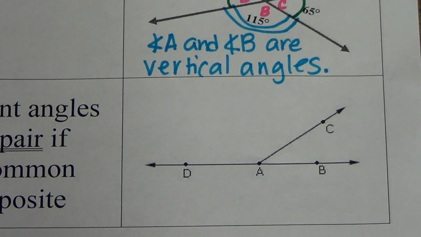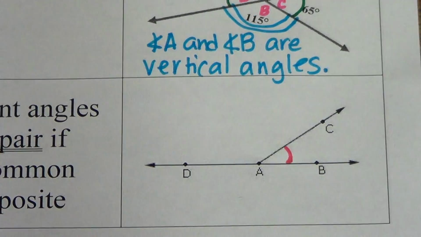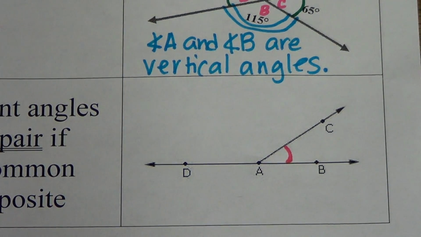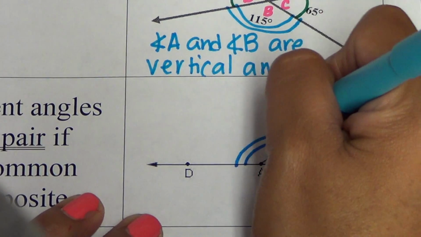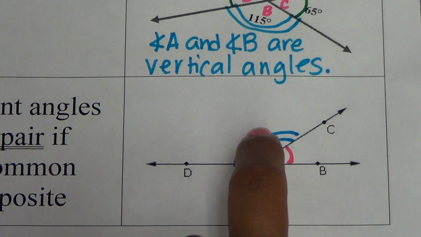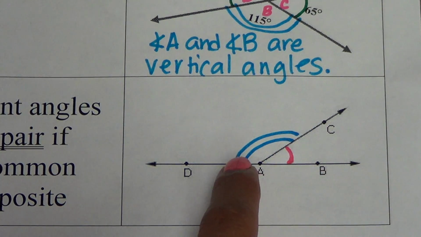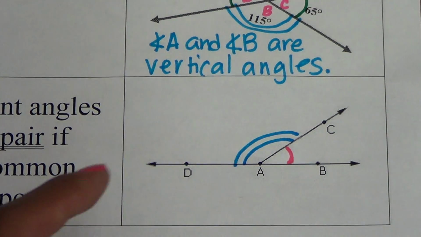We would say that angle CAB, this angle right here, and angle CAD, this angle right here, form a linear pair. The other thing about angles that are a linear pair is they have to have a matching adjacent side. The adjacent side that they both share is ray AC. And their measures also will add up to 180 degrees.